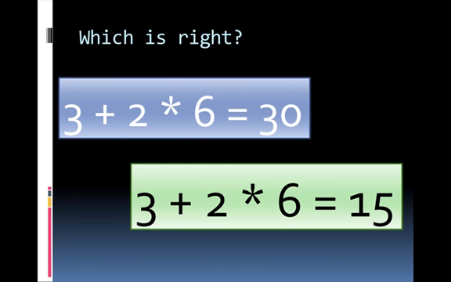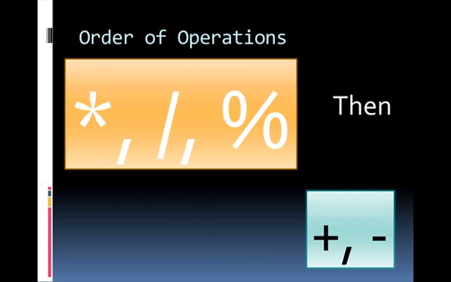First, we do the multiplication, since that's the only item out of the ones that are done first in this problem. 2 times 6 is 12, and then we add 3, since addition and subtraction come second. So again, the order of operations are multiplication, division, and we're going to add modulus in there as well. Multiplication, division, and modulus come first, followed by addition and subtraction.